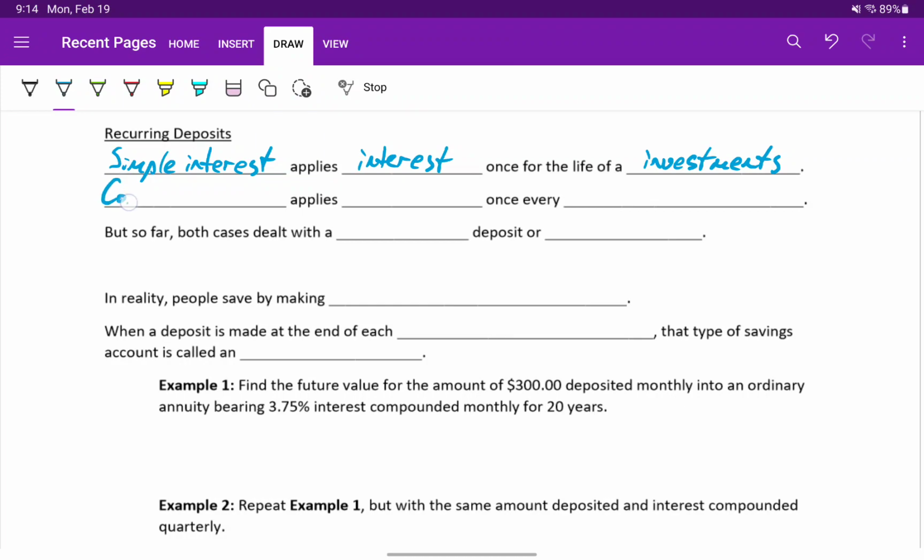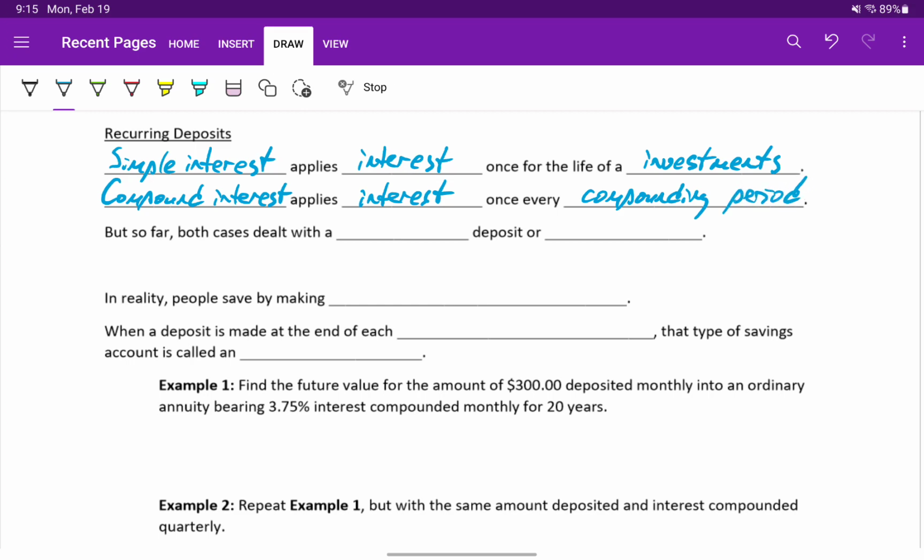We also looked at compound interest, where we apply interest once every compounding period, whether that's annually, semi-annually, quarterly, etc.